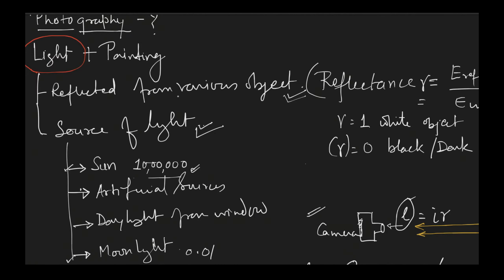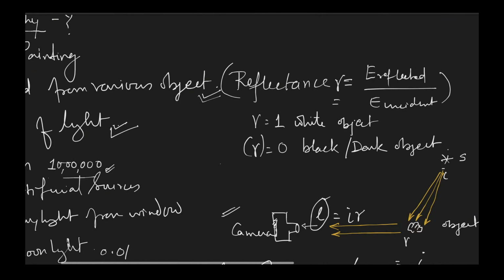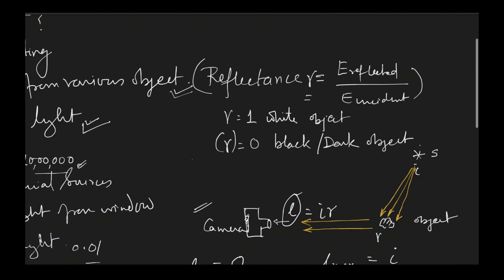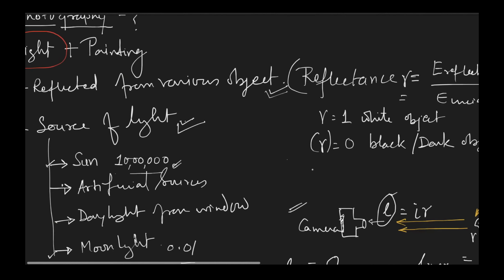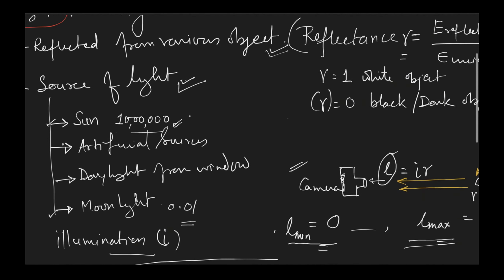The light which is reflected from the object is defined as the amount of light reflected upon the amount of light incident. We have seen that the reflectance coefficient R is 1 for a very white or bright object, and it is 0 for a very dark object. The source of light can vary in intensity from very bright to very dark.